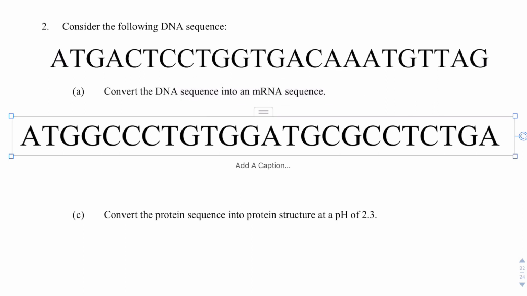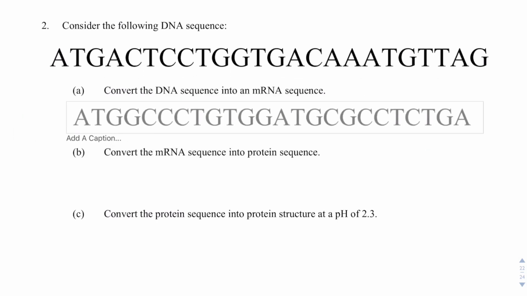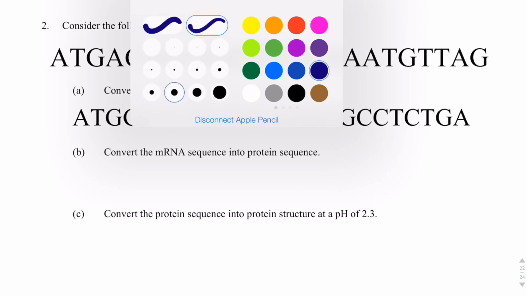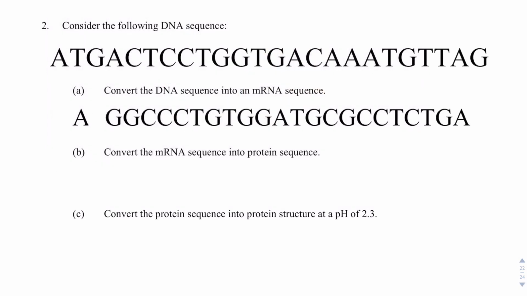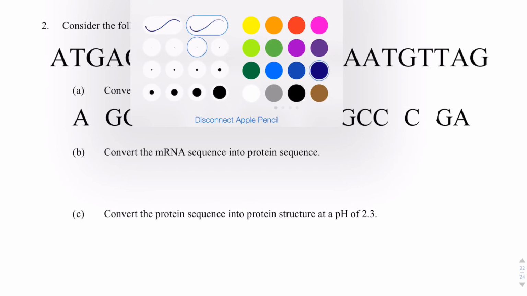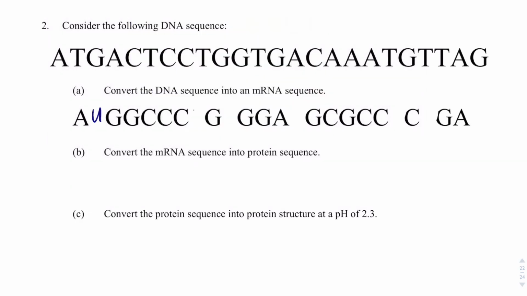All I'm going to do is change my T's to U's. Then I'm going to slice them by 3s. AUG is methionine.